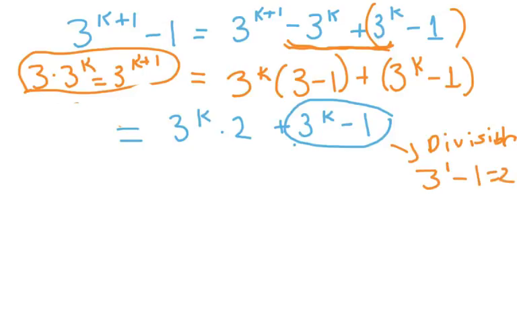So 2 is divisible by 2. So we know this part's divisible by 2. This is as well divisible by 2, because you have a 2 here, and that can divide by 2. So since it's divisible by 2, they both are. Condition 2 is satisfied.